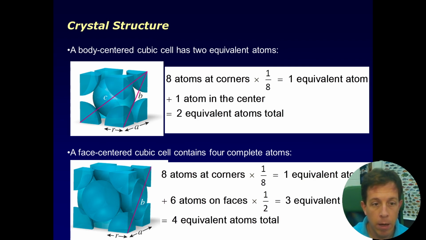A face-centered cubic cell then contains 4 equivalent or complete atoms, so we've got the 8 at the corner and the 6 atoms on the faces, 6 faces for a cube, and each atom is only half inside of that unit cell, so we end up with 3 equivalent atoms. The other half is in the neighboring unit cell for a total of 4 equivalent atoms total.